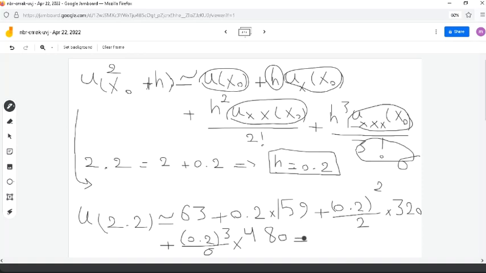Okay, the result is, please say me the result. Please compute this and say me the result. The approximate solution. I want the approximate solution of you.